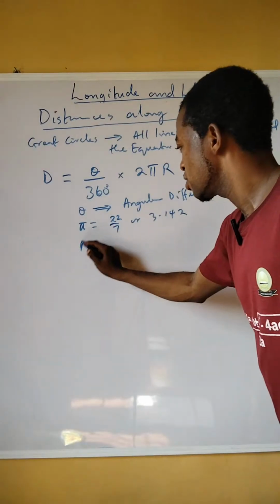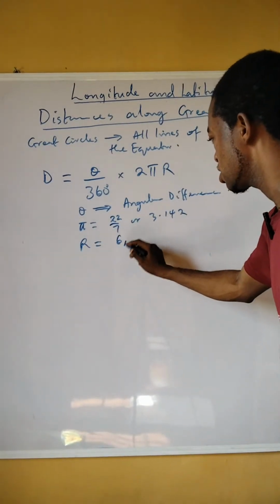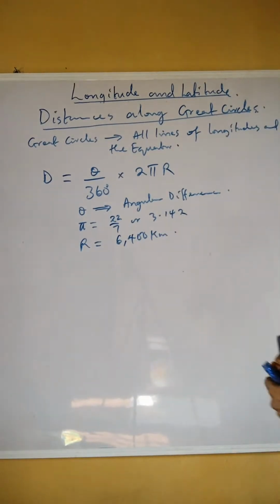And this R here is the radius of the Earth, which is 6,400 kilometers. So that is the formula to calculate the distance along great circle, the surface of the Earth.